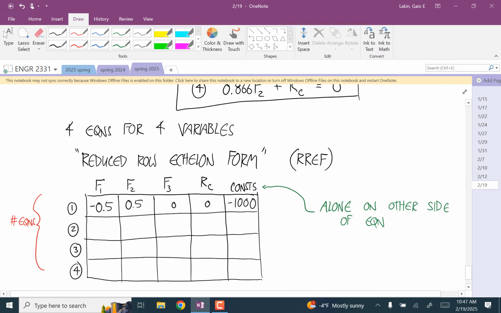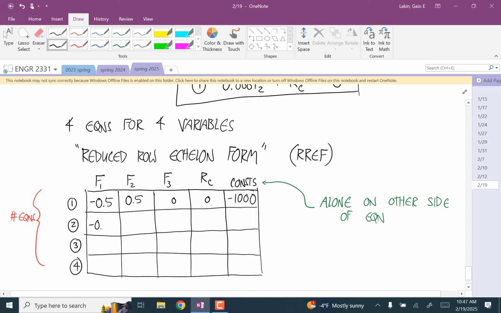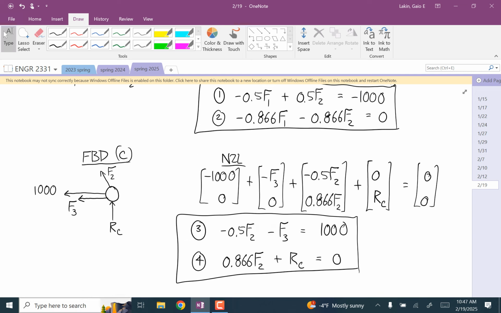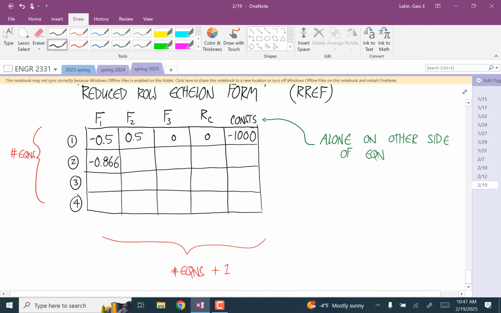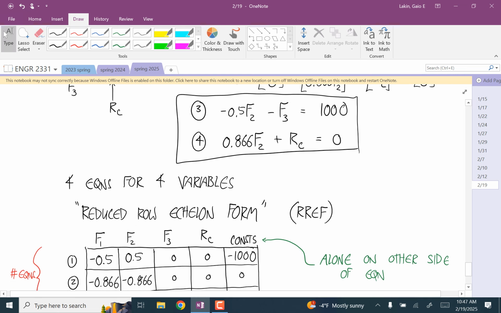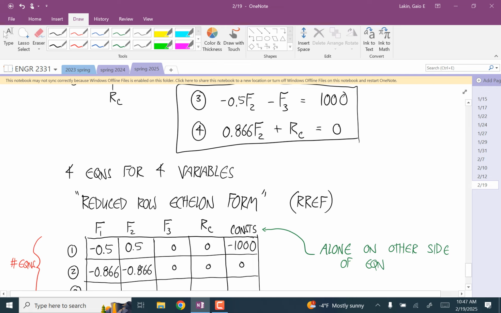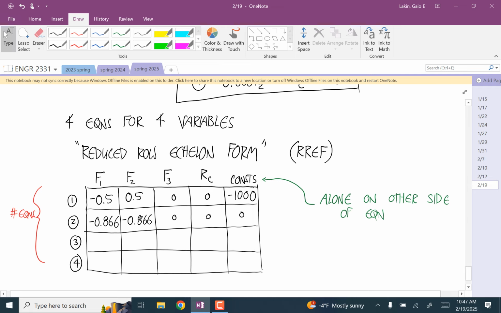Equation 2, F1s, we have negative 0.866. F2s, we have negative 0.866. And everything else is zeros. Equation 3, F2s, we have negative 0.5.